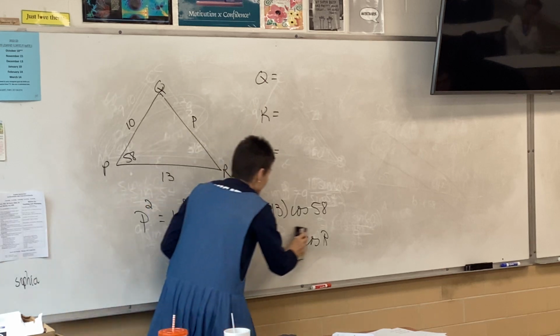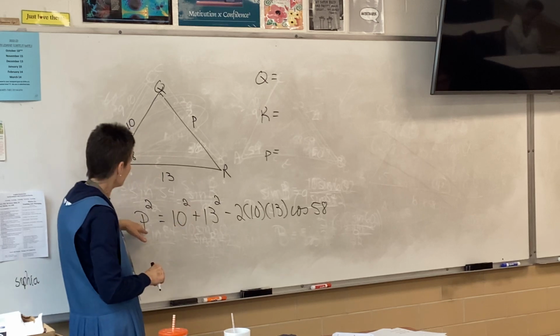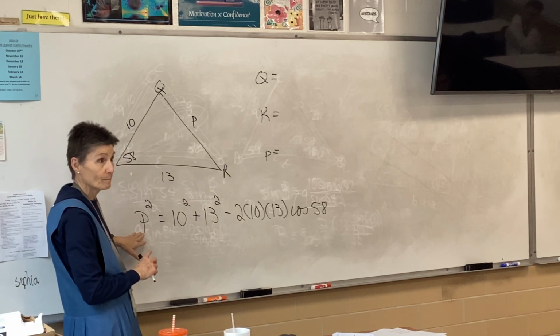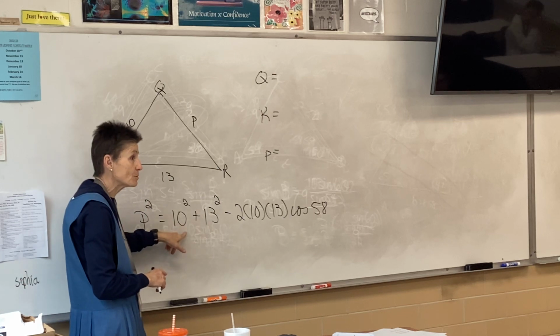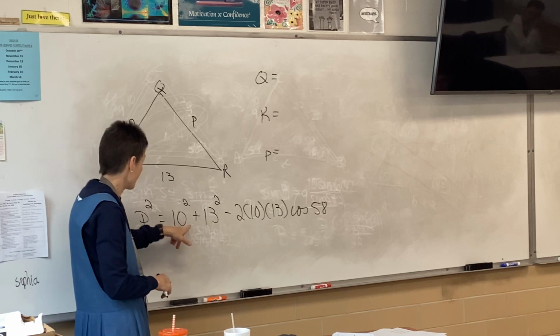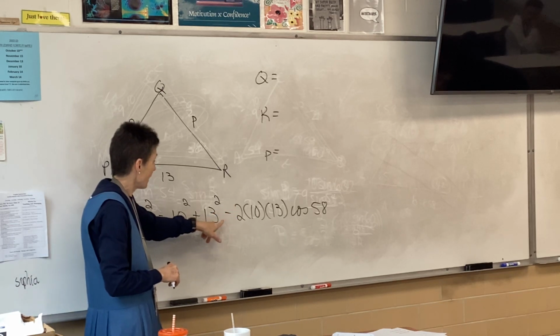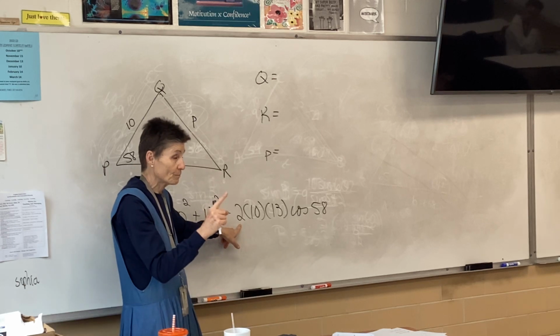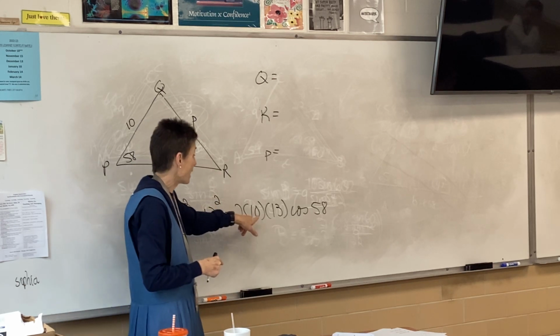Okay, now what's the stuff in the middle? Well, P was the side I didn't know. So what's this? These are the two sides that I do know, and they're squared. So 10 squared plus 13 squared in either order. And then minus 2, the 2 is part of the formula. You're always going to have a 2 times those two sides.